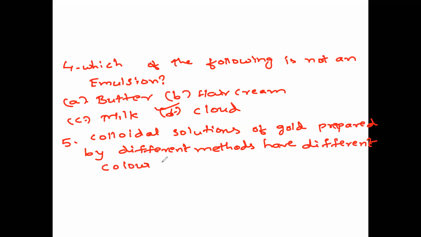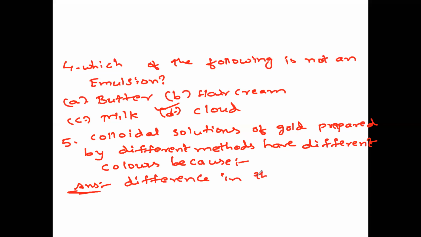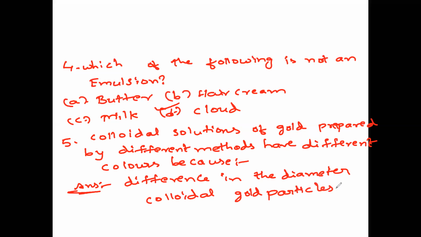When it is light color, gold color, yellow color, like that, have different colors because, very important point. Directly I'm writing the answer because it's very lengthy question. So difference in the diameter of colloidal gold particles. So these are the examples, very, very important examples. Next question.